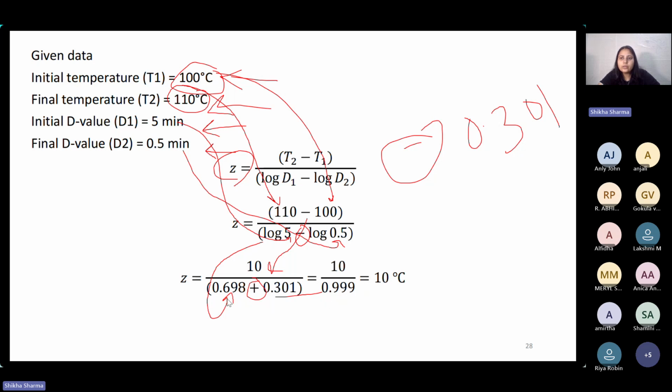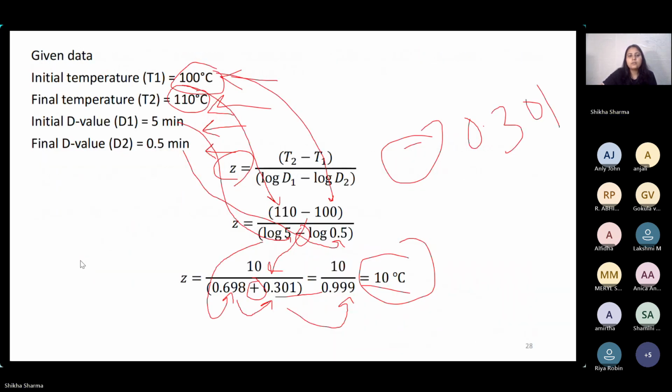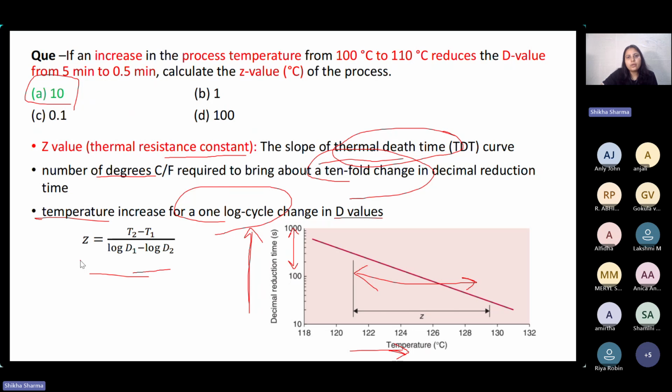So 0.698 plus 0.301 will be 0.999. So 10 divided by 0.999 will be 10.01 degrees Celsius. So we are considering around 10. So 10 degrees Celsius is the Z value here. Is this question clear to everyone?